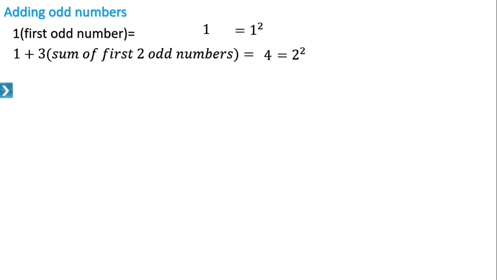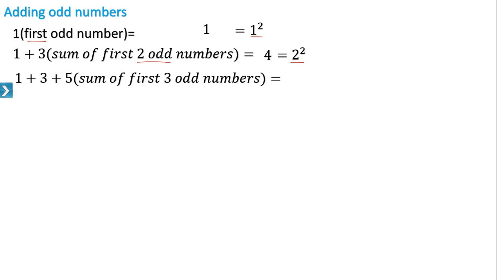See here, the first odd number is 1 square. The sum of the first two odd numbers is 2 square. Now add the first three odd numbers, that is 1 plus 3 plus 5. The sum of the first three odd numbers is equal to 9, that is equal to 3 square.